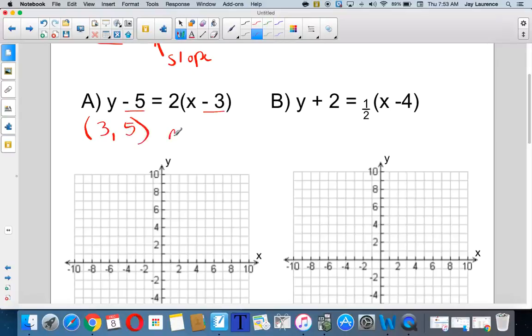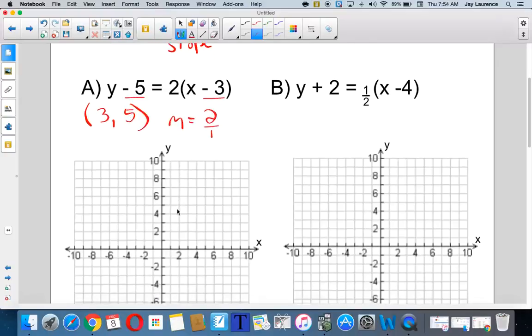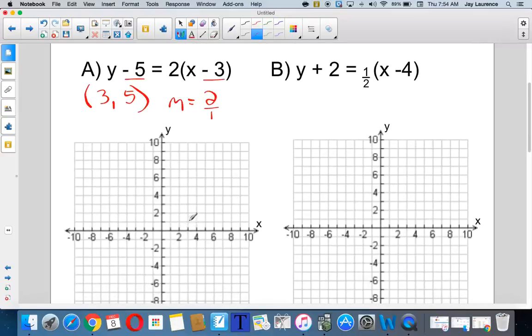My slope is going to be 2, or 2 over 1. So here's how this works. I graph the point 3, 5, right there. And then I rise and run from there. Rise 2, run 1. Okay, if I want to go down 2 and back 1, I can do that. And when I do that, I get a nice line.